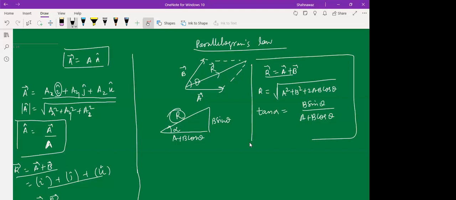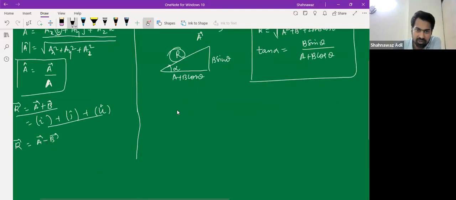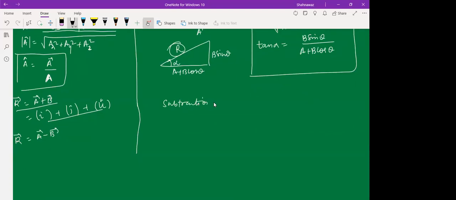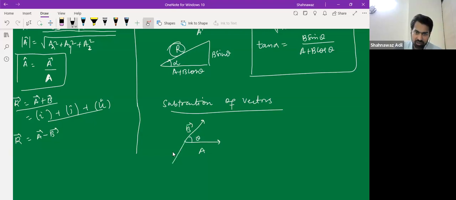And then we learned about the subtraction of vectors. So for the subtraction of vectors, we first find the opposite of B. So this was A, this was B, and we reversed or found the opposite of B, right?